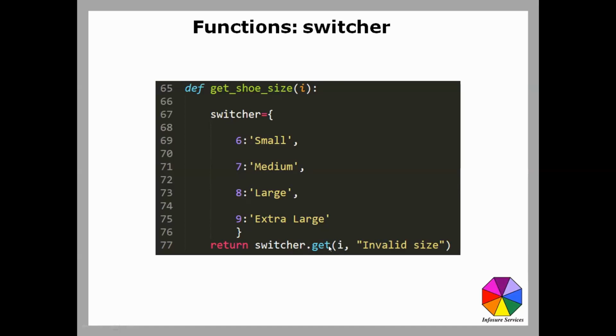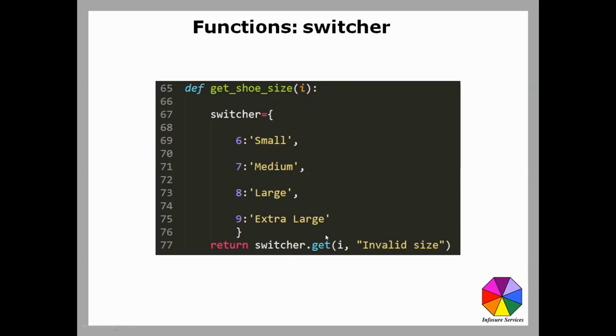It will do the get of this when I call the function. So now when I pass get shoe size of, let's say, 7, it knows this dictionary and says, okay, get 7. It'll go to 7 and return medium.